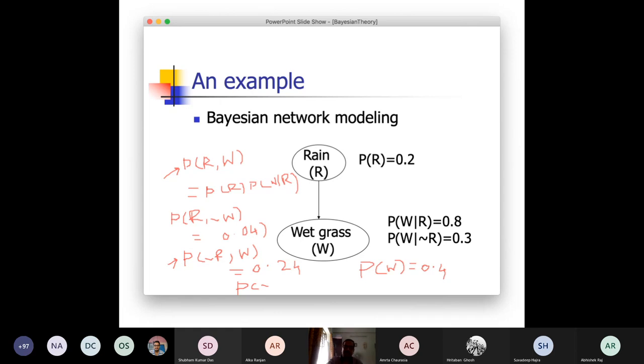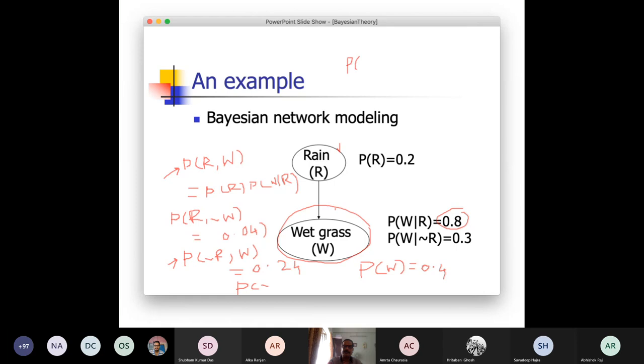One interesting inference could be: what is the probability of wet grass given rain? If it rains, I can directly say it is a very high probability, 0.8. But suppose I observe the grass is wet, then what is the probability that it rained?